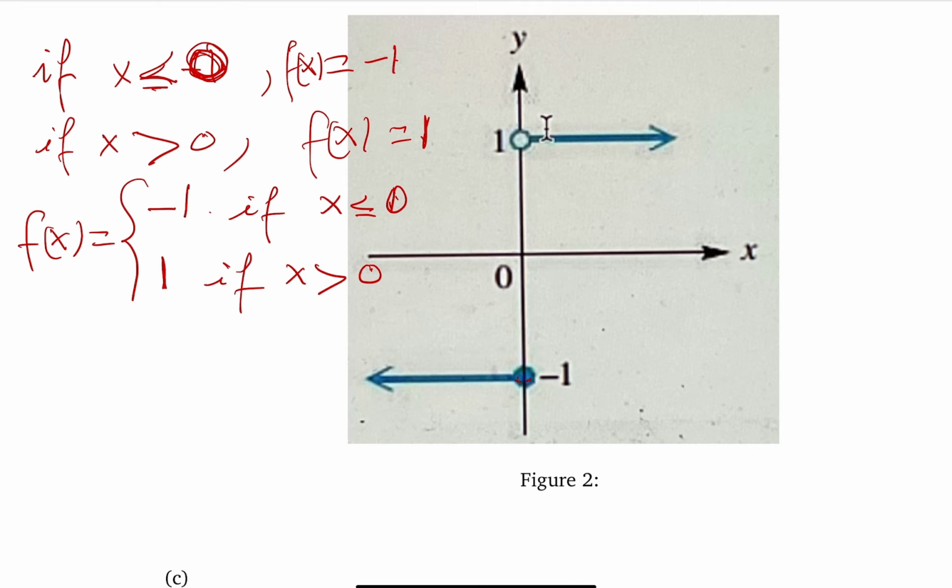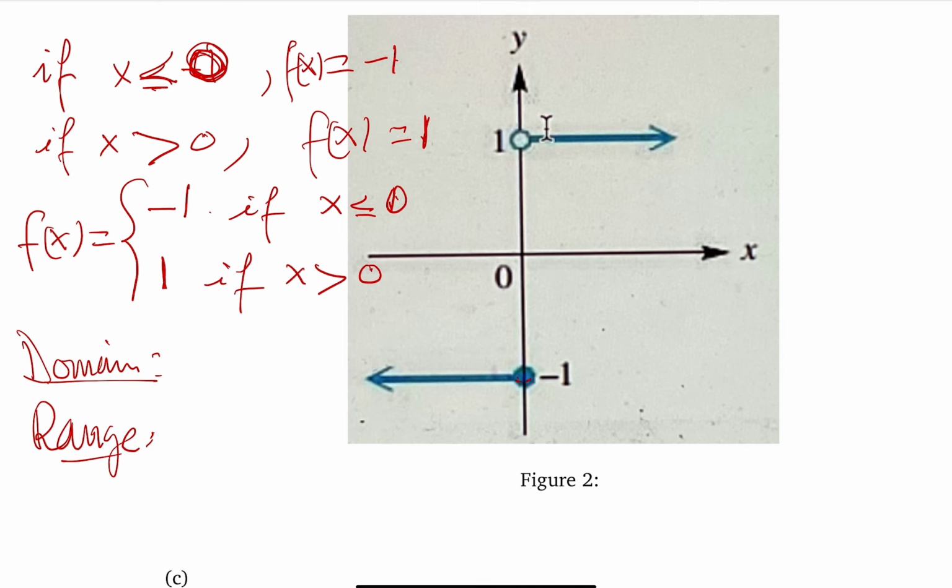Now the domain and the range. So here, how can you find the domain? Remember, the domain is always on the x-axis. Check the x-axis and check how the graph looks. If you check here, it's an open circle and they belong to the same line and same x-intercept.